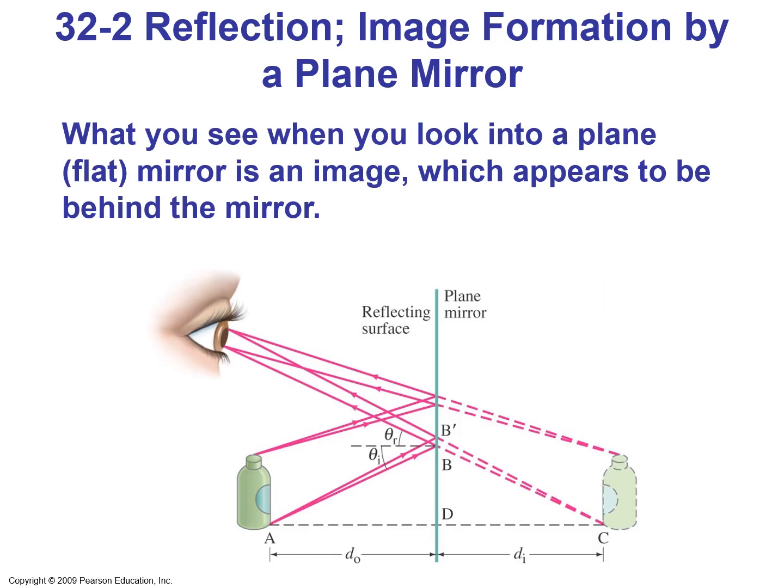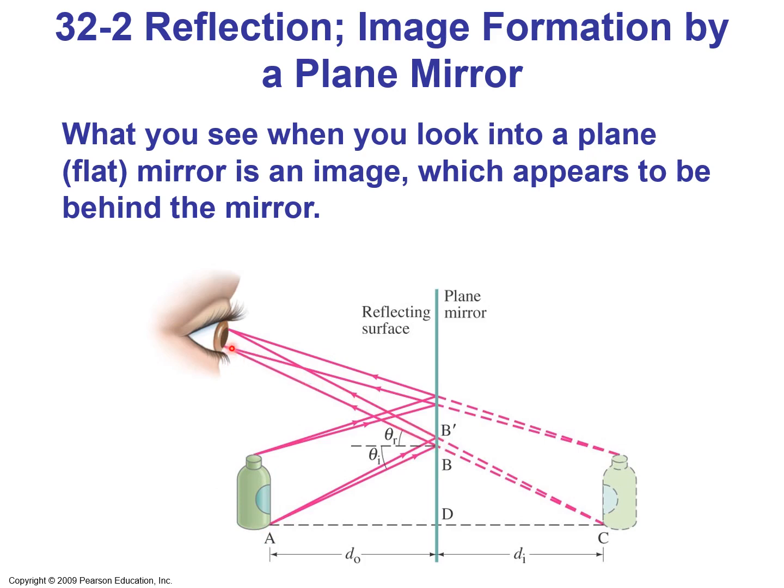What you see when you look into a plane or flat mirror is an image, which appears to be behind the mirror. Here we have a bottle as an object. The rays of light from this object reach the mirror, bounce back from the mirror, and go to our eye.